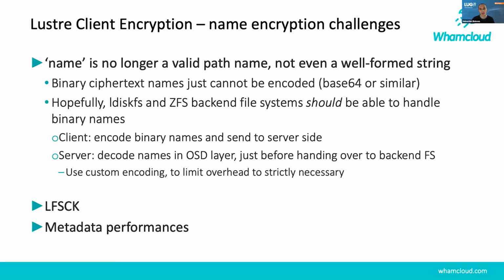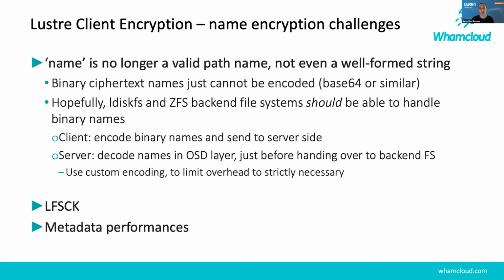And we cannot just encode those binary names and send them to servers and hope that backend file systems would handle that gracefully. For instance, if you have a plain text name that is name max long, when you encode that, the encoded length will exceed name max because every encoding mechanism has its own overhead.